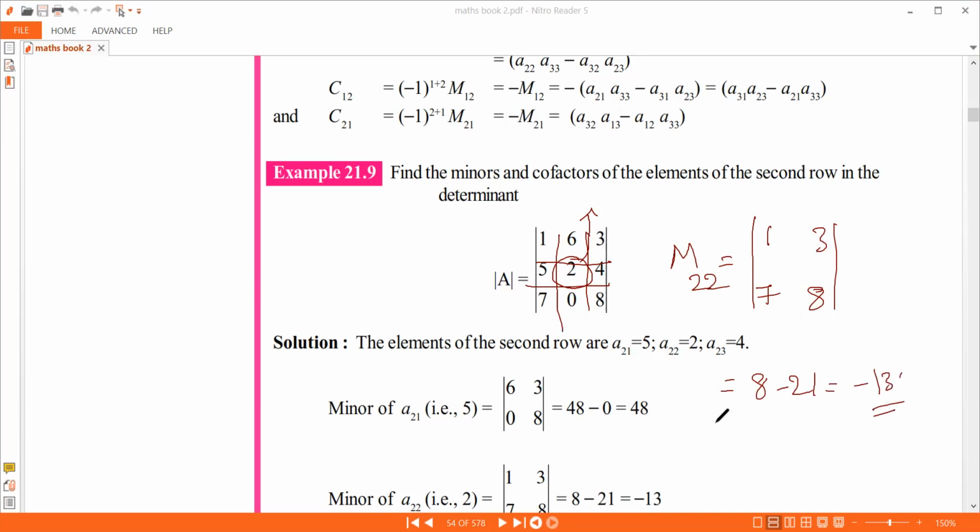Negative 13. Now, the cofactor is represented by A22, sometimes as C22.